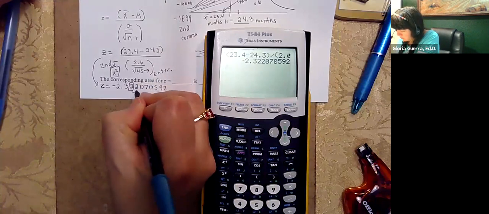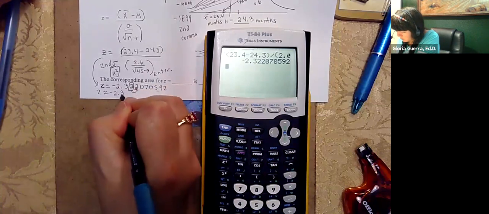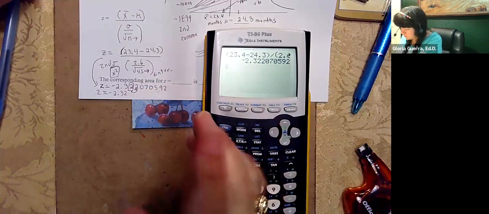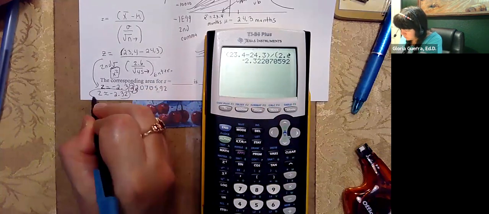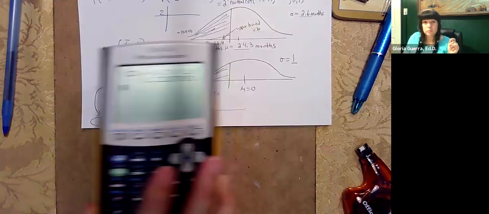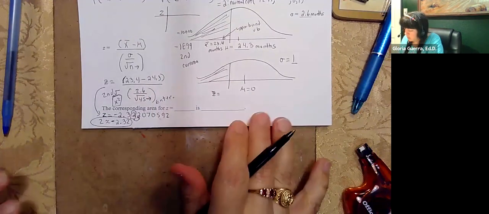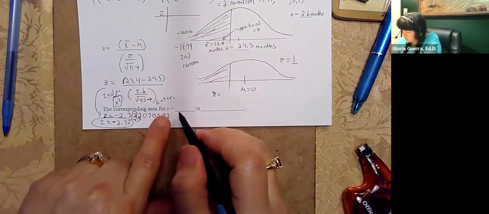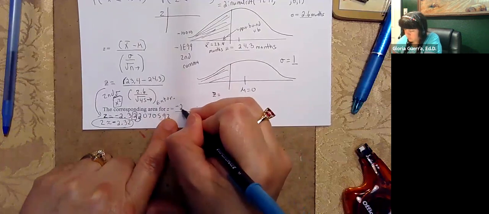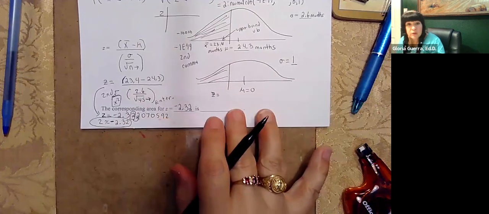Is this 5 or more? No. So negative 2.32. Okay, so the corresponding area for z is equal to negative 2.32. And then I need to find the area.